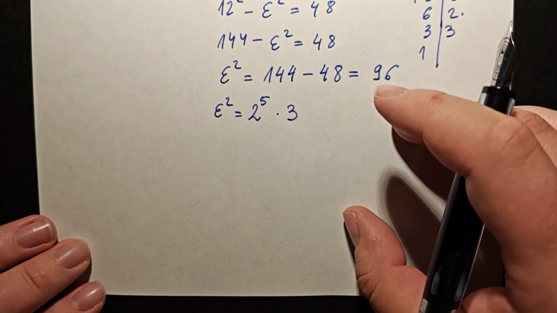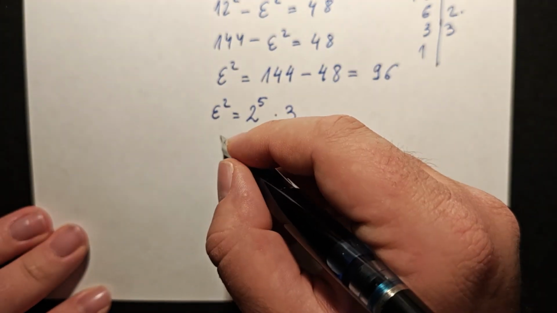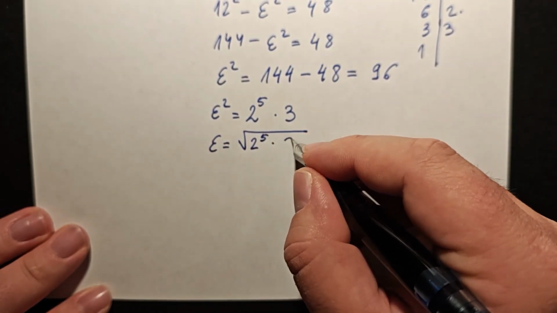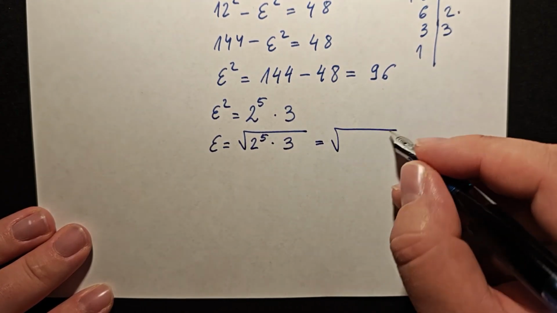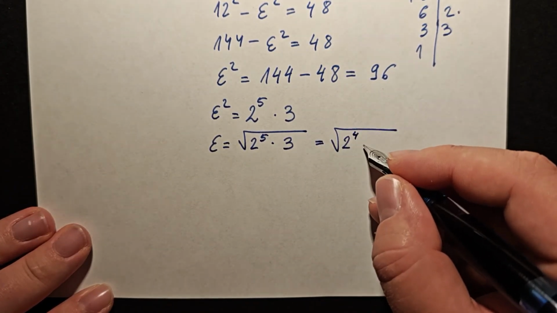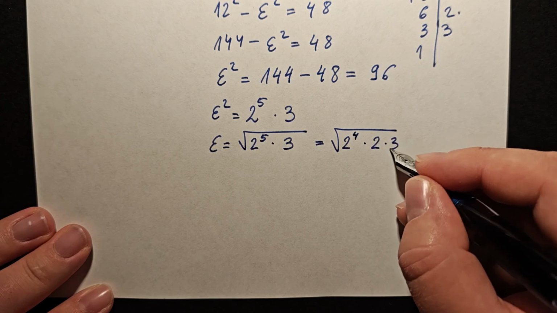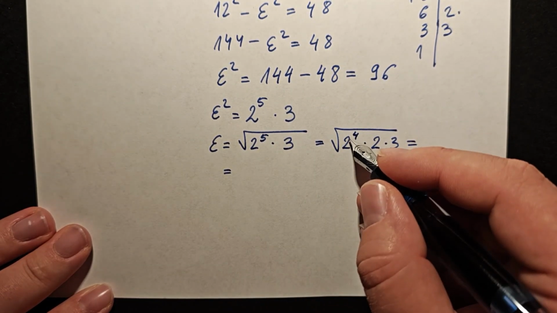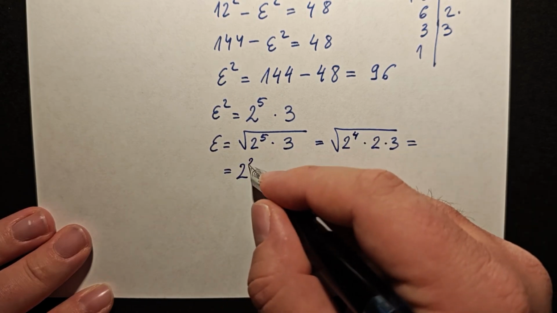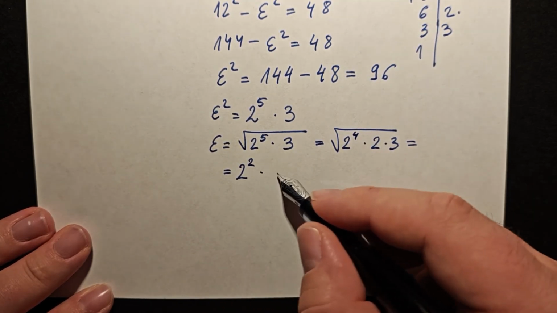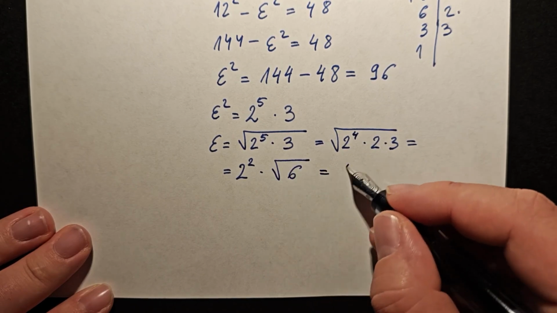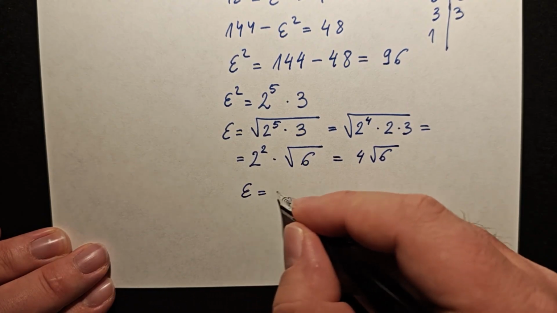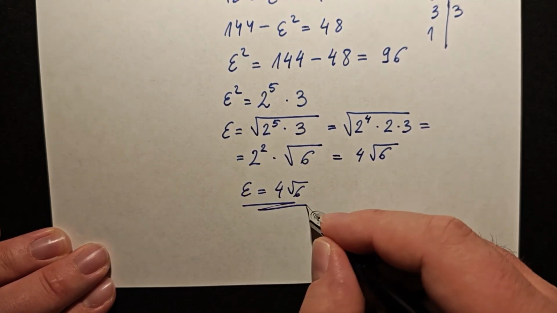Our job is to calculate epsilon. So epsilon is equal to the square root of 2 to the 5th power multiplied by 3, and that is the square root of 2 to the 4th power multiplied by 2 multiplied by 3, which is just the square root of 2 to the 4th power, that is 2 squared, multiplied by the square root of 6. So 4 square roots of 6. And that is finally the value of epsilon.